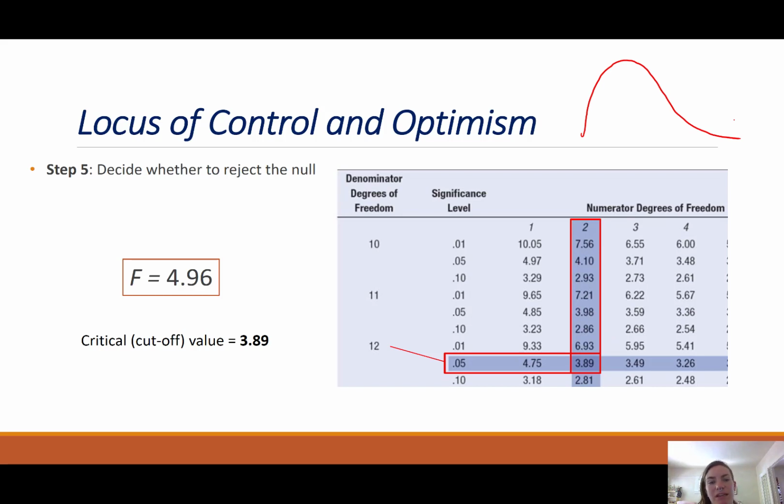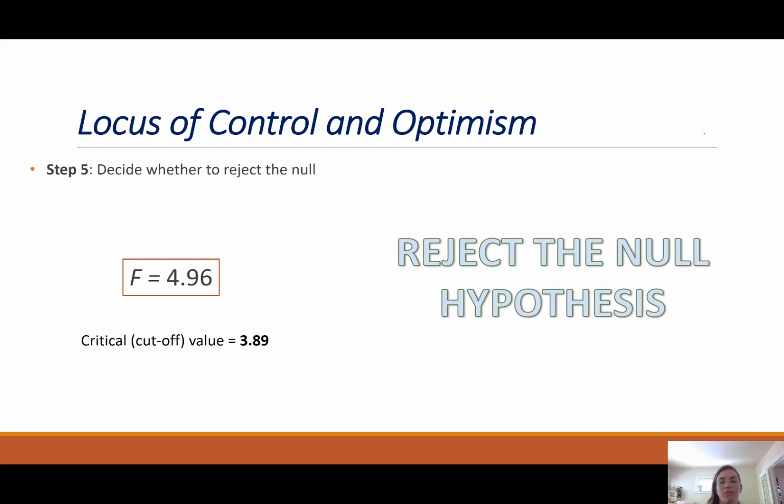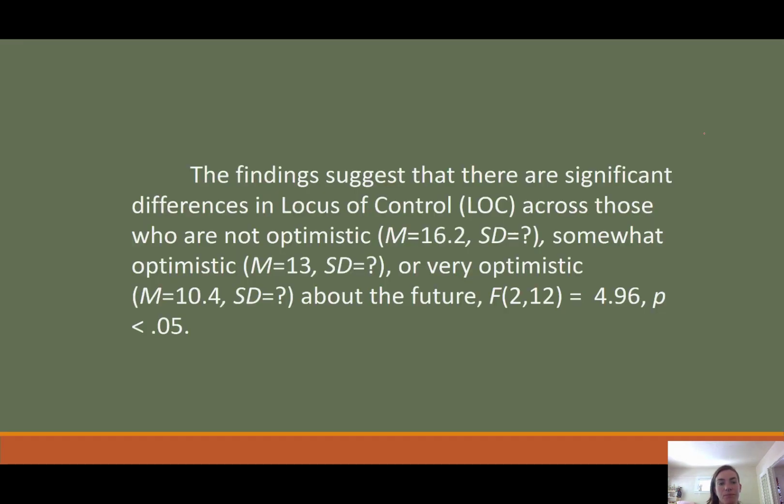It looks something like this. And so you can imagine our critical cutoff value of 3.89 here, and our F statistic is 4.96. So it falls in this critical region, and we conclude that we reject the null hypothesis.